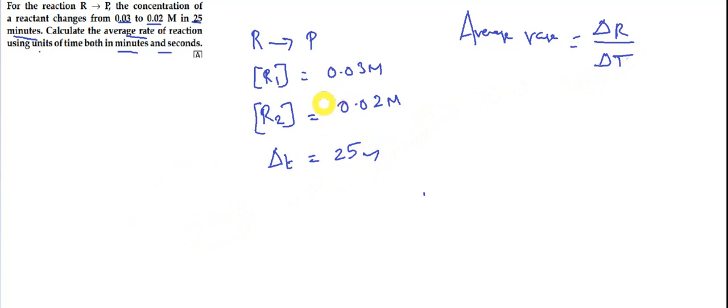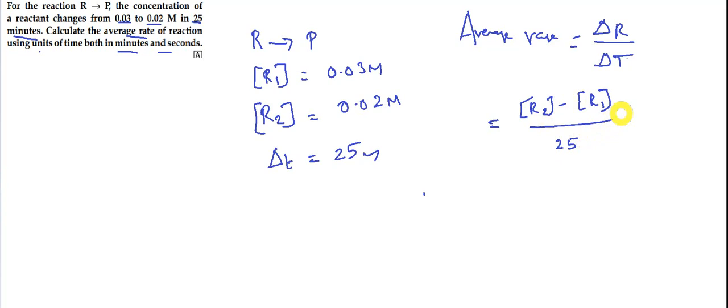So average rate is equal to del R, that is R2 minus R1, the final and initial concentration, by del T. We can directly substitute del T as 25 minutes.